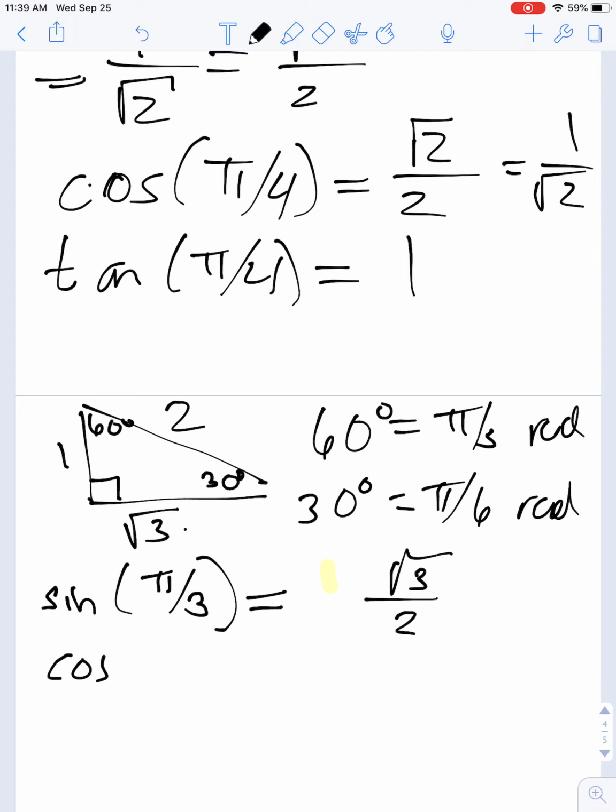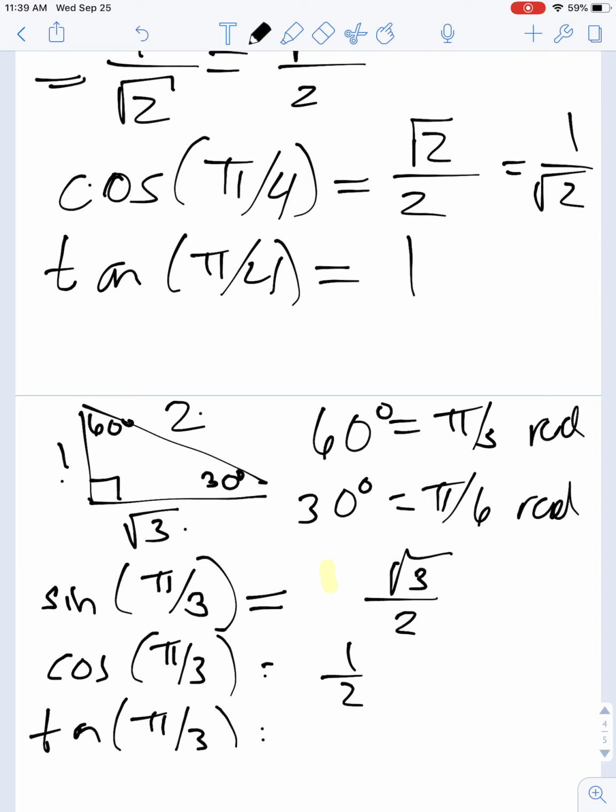And then we have cosine of pi over 3 is equal to adjacent over hypotenuse, so that's 1/2. And the tangent of pi over 3 is the opposite over the adjacent, so just the square root of 3.